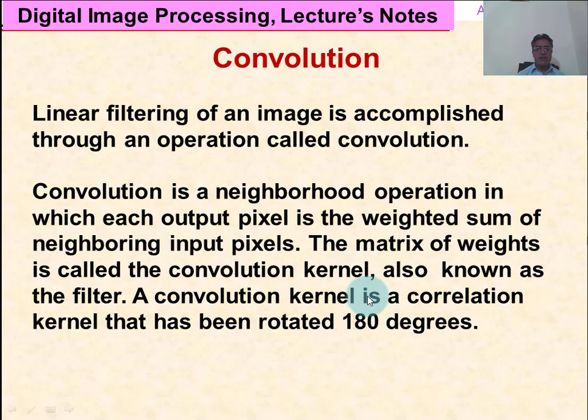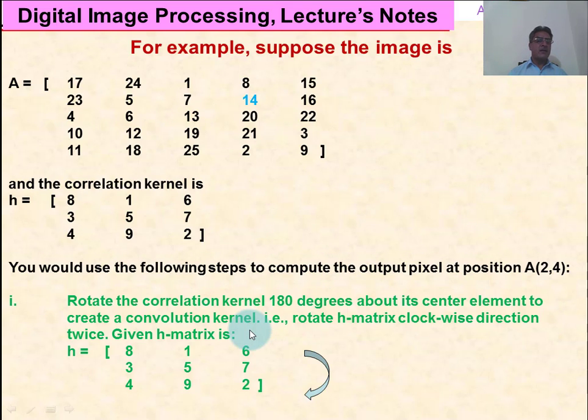A convolution kernel is a correlation kernel that has been rotated by 180 degrees. Actually, a correlation kernel is rotated by 180 degrees and it becomes the convolution kernel.